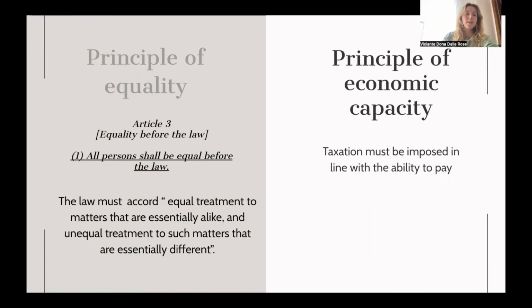It must take into account the economic capacity of taxpayers. So in implementing this principle, the German court has established a doctrine that a taxation must be imposed in line with the ability to pay, the latter being applicable to both unequal burdens and unequal benefits.